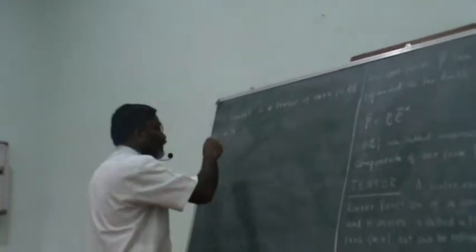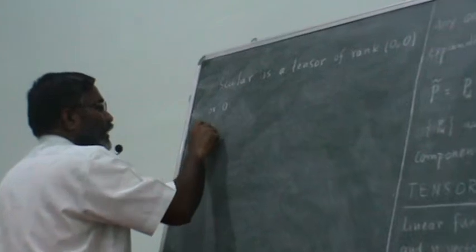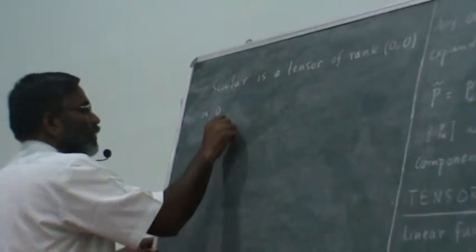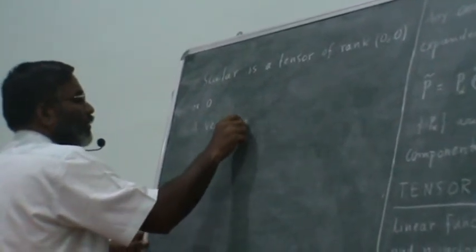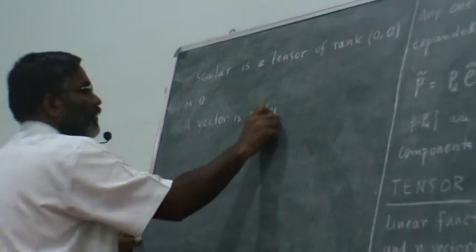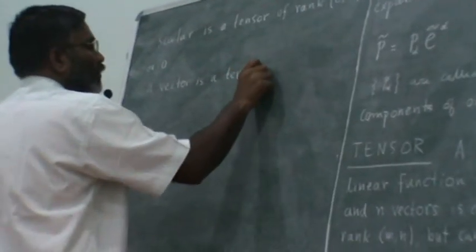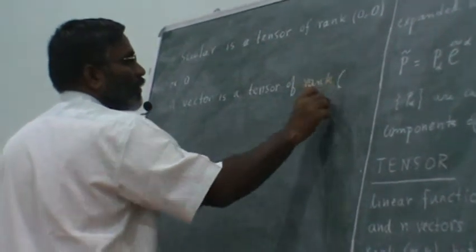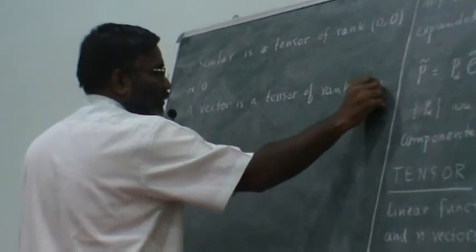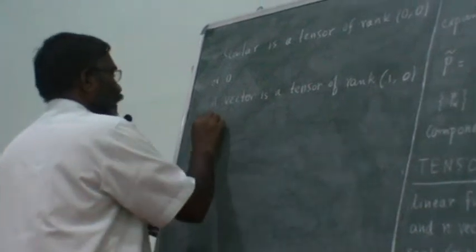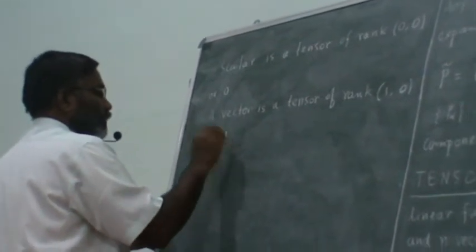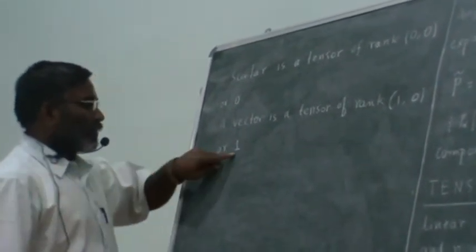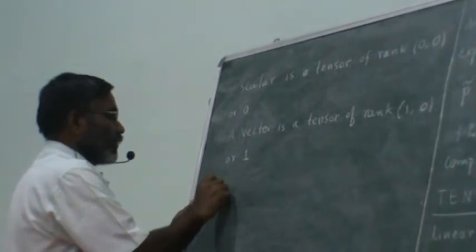Okay, but I have to differentiate here. So a vector is a tensor of rank (1, 0) or 1. In this sense, both are same.